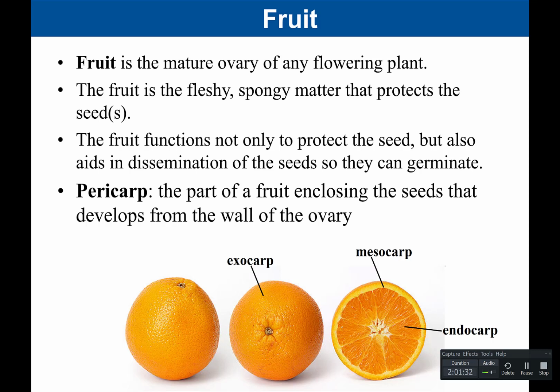So if we're looking at an orange, for example, that tough leathery rind is the exocarp. The mesocarp is that kind of spongy material in the middle. And then the endocarp is the part that we typically eat. That's the fruit that we eat. And so that's the endocarp. And so those are containing the seeds.